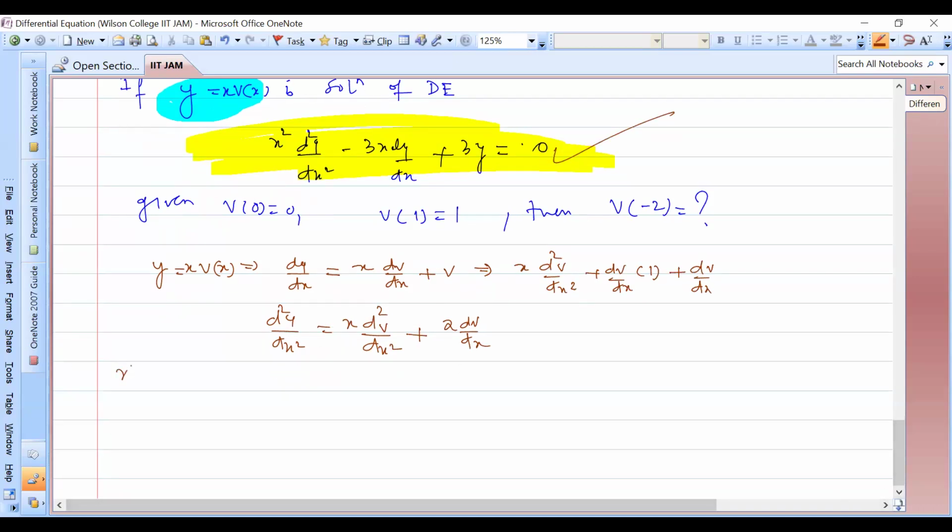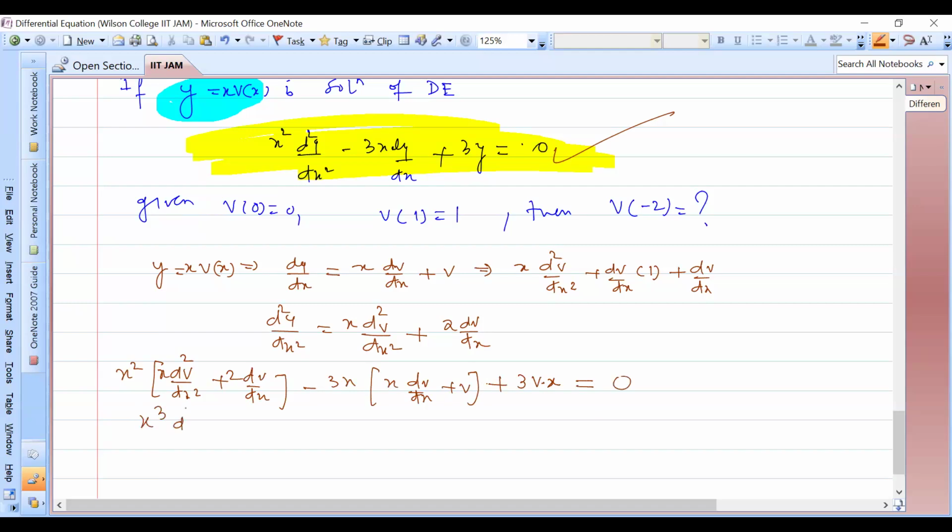Substitute here. So what we get? x square times x d2v upon dx2 plus 2 times dv upon dx, minus 3x times x dv upon dx plus v, plus 3 times v into x equals 0.